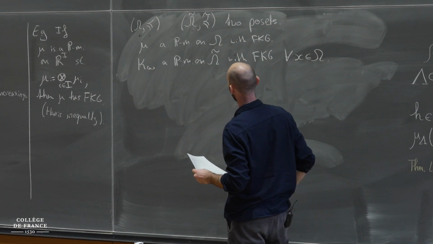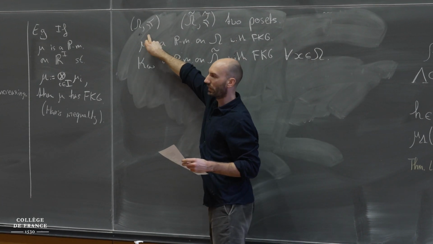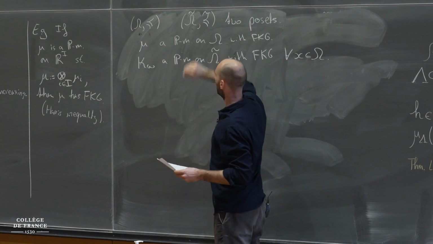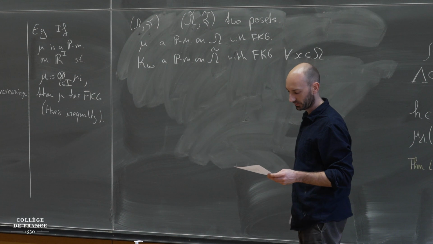Okay, so you start with a probability measure on omega, you sample your little omega, you put it in kappa omega, and it allows you to sample from omega tilde.